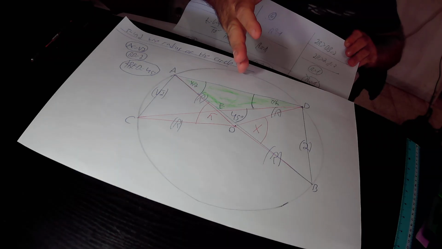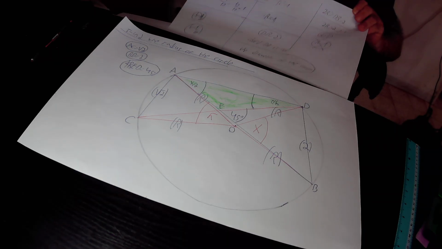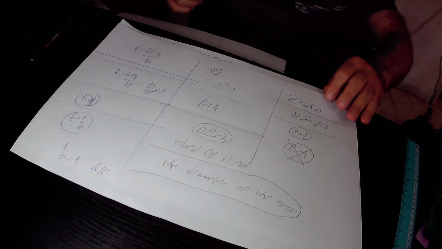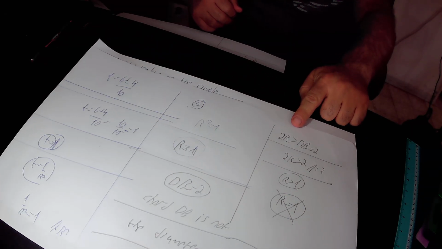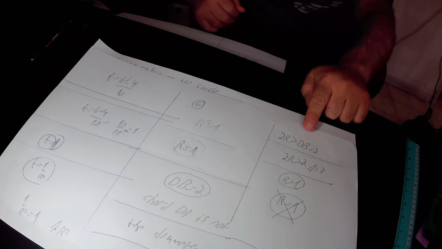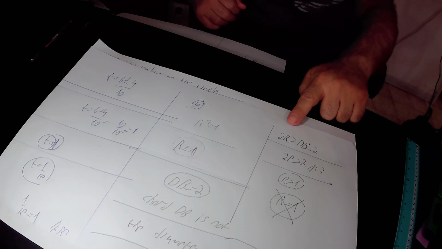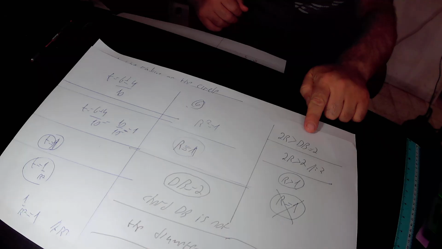And the diameter of this circle is 2r. So the diameter 2r is the longest chord in the circle, and therefore 2r must be greater than DB, which is not the diameter.